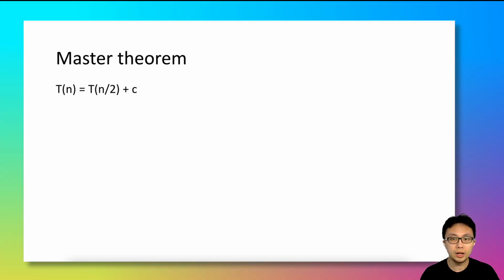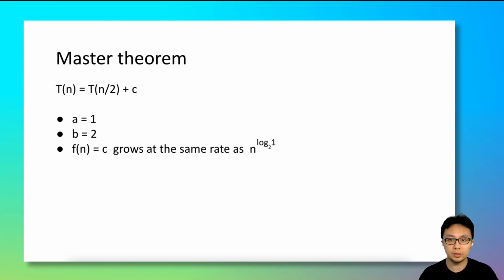Let's see another example of the application of the Master Theorem, the binary search. The recurrence relation of the binary search is shown on the screen. We learned this from the Part 1 lecture. To apply the Master Theorem to figure out its bound, we will list a, b, and the growth rate comparison between f(n) and n^(log_b a), like this.